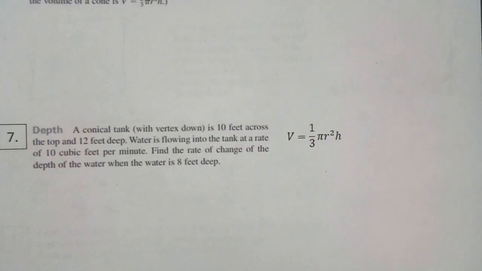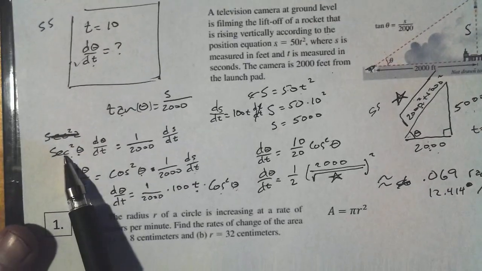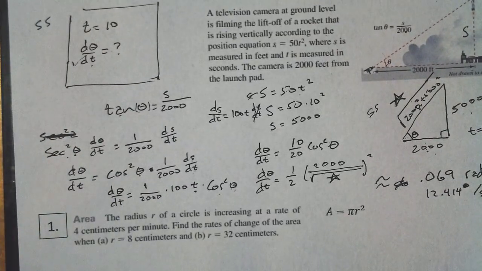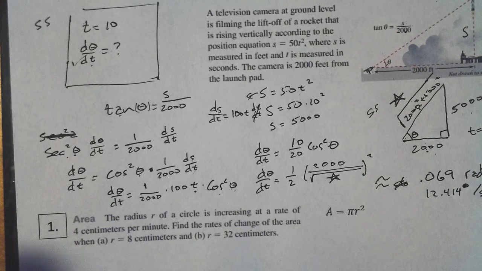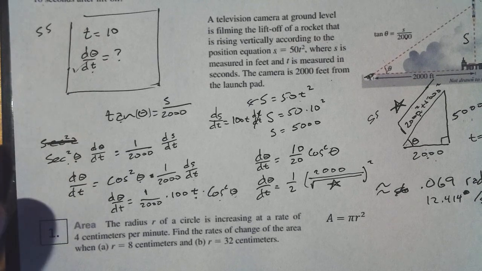So I'm going to give some formulas if I believe you should need those. For finding derivatives of things like tangent or secant, you can refer to the note sheet that I gave you on different types of derivatives. So there you have it, and I'll get this broken down into a couple different assignments.